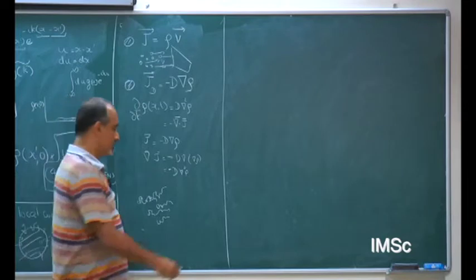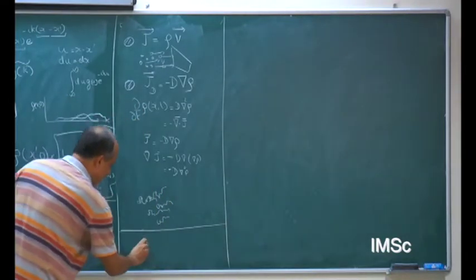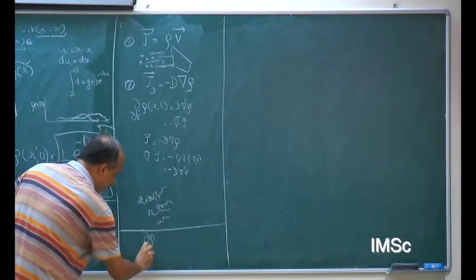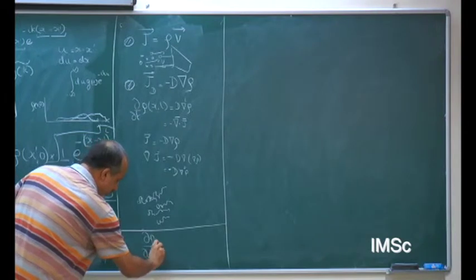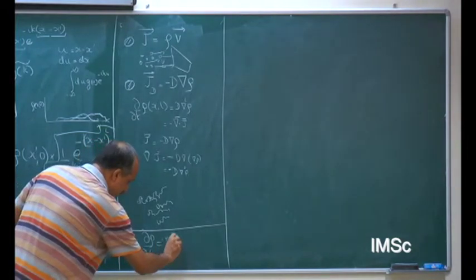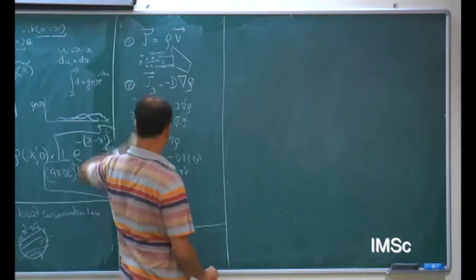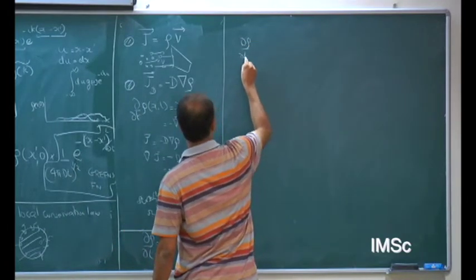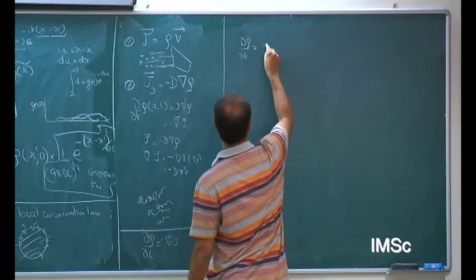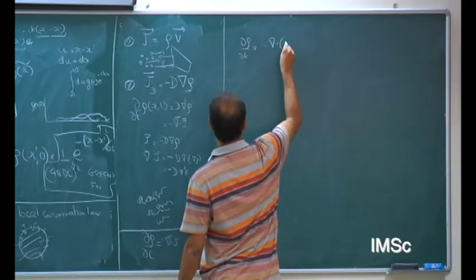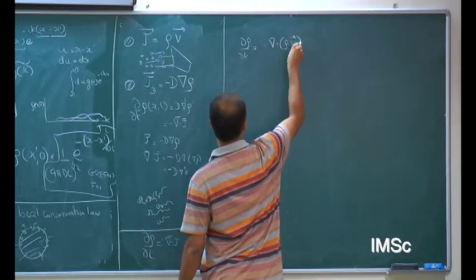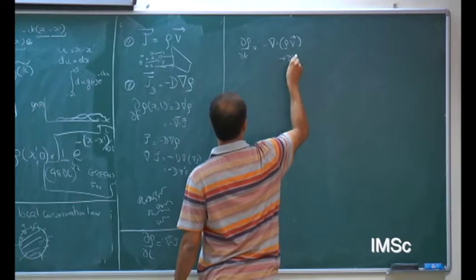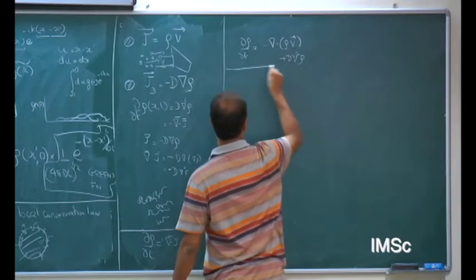So the way one writes it is, here is how the density changes. This delta rho by delta t is minus del dot j, but now j has two parts, one from here and one from here. So I would write delta rho by delta t is minus del dot of rho times the velocity V plus D times del squared of rho.